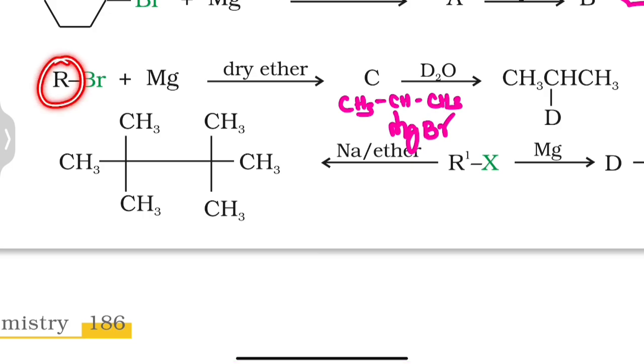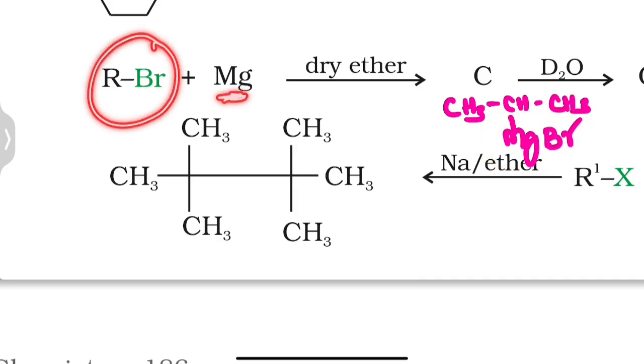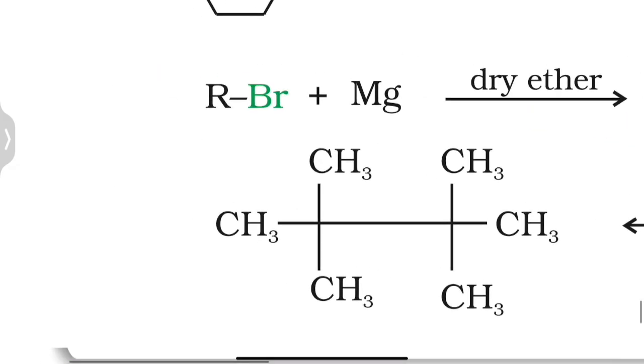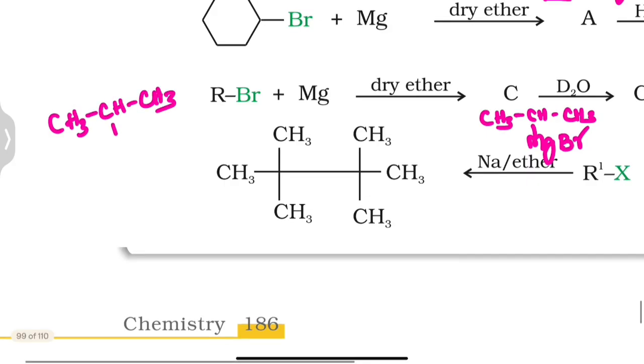So what is R then? If you remove this MgBr, so see here RBr, you are treating with magnesium. You know that magnesium will form a bond between carbon and magnesium. So this you have to remove. So R will be CH3, CH, CH3Br.